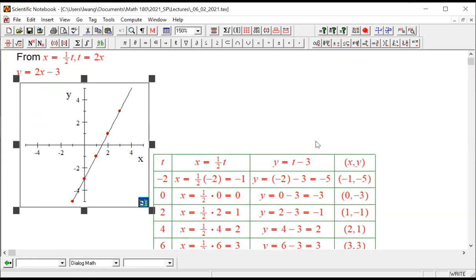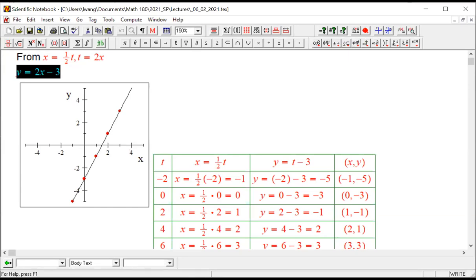Connect all the dots. So the parametric and the rectangular have some relationship. Sometimes they can transform. There's something that the parametric has, but the xy equation does not have, which is the sense of direction.